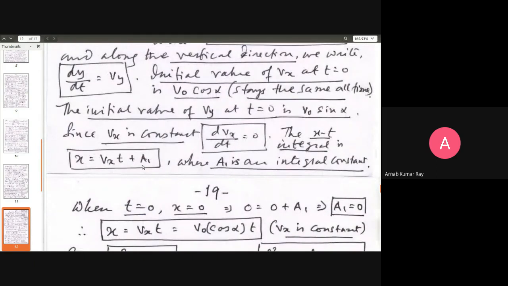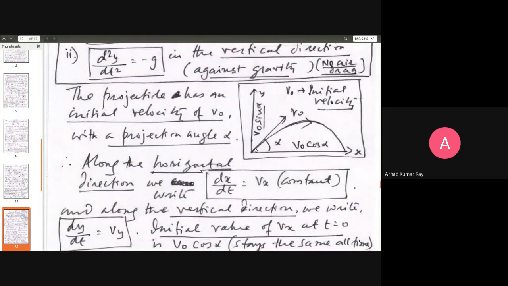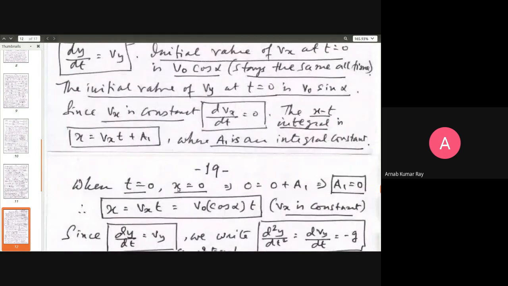At t equal to 0, you are at the origin of coordinates, so x is equal to 0. So x is equal to v_x times 0 plus a1, so a1 will be equal to 0. So x is equal to v_x into t. And what is v_x? It is v naught cos alpha into t. So v_x is a constant quantity.